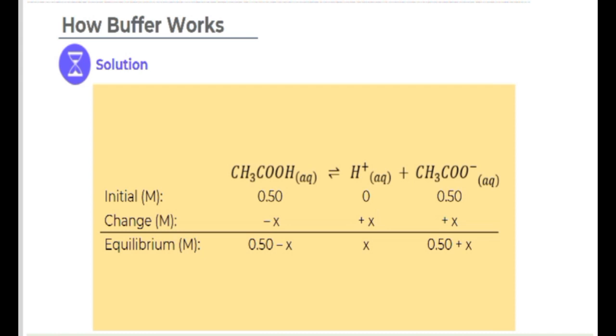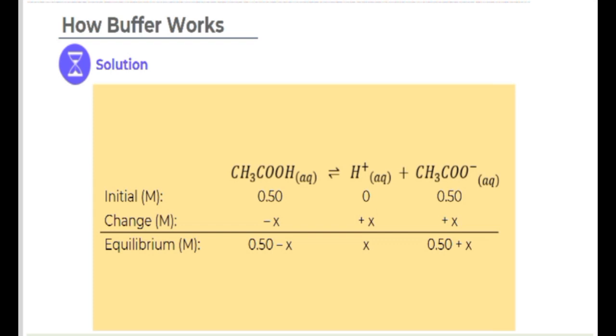Initially, only 0.50 molar acetic acid and 0.50 molar acetate ion are present. No hydrogen ion is present, so the equilibrium shifts to the right. This means, as equilibrium is achieved, acetic acid concentration is reduced by x, while hydrogen ion and acetate ion concentrations are increased by x.